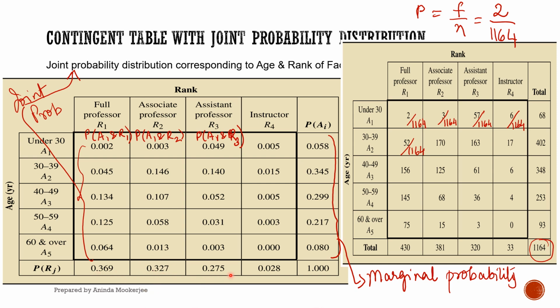So when they mention only one variable, you have to look at the probability values along the margins. If they refer to two variables, then you have to refer to the values within the box, inside this bold rectangle. So that's what joint probability and marginal probability mean, and that's how you calculate your probability values.